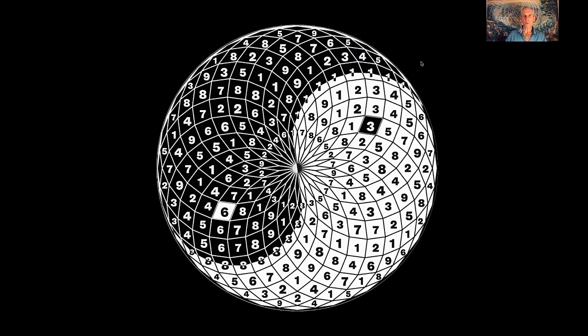So here, what I've just shown you is if we use the 1 and the 8s as a boundary condition and color one side of that boundary white and the other boundary black, we have the yin and yang symbol. And if we take the 3 and the 6 and we switch colors, we have the dots of the yin and yang symbol. I don't think this is a coincidence.